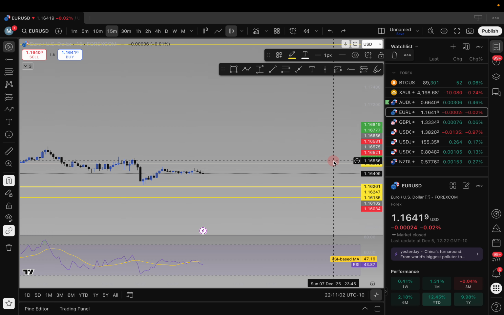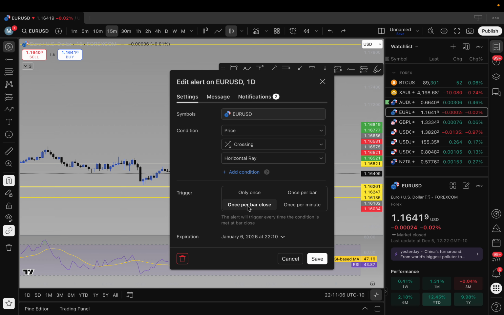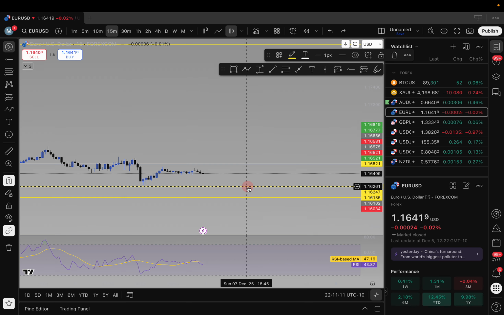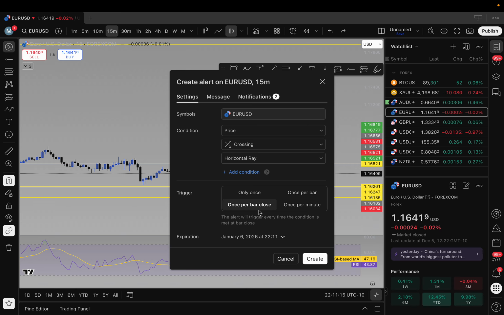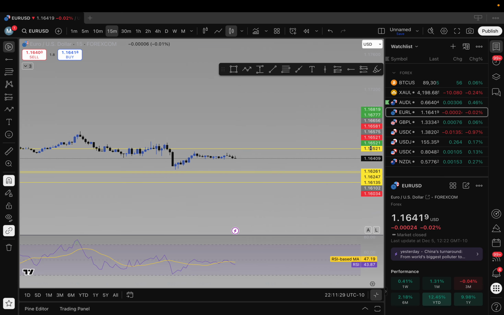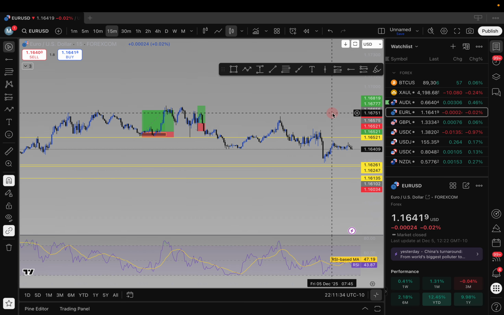Timer. Let's edit this timer right here. Let's time it once per bar close. I don't like it once per minute because it's always notifying me every minute. So I only like it once per bar close. So it's every 15 minutes.